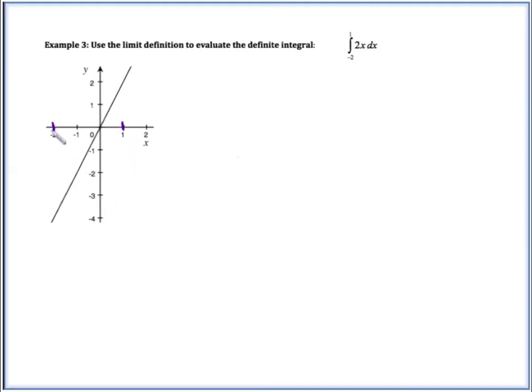And so what we're looking for now is the area between the function and the x-axis in between negative 2 and 1. And so again, we're going to think about using our rectangles here. And notice our partitions can be anywhere. So I'm just going to draw a couple of them so we can see what we're doing.